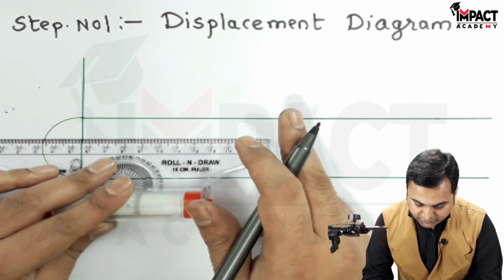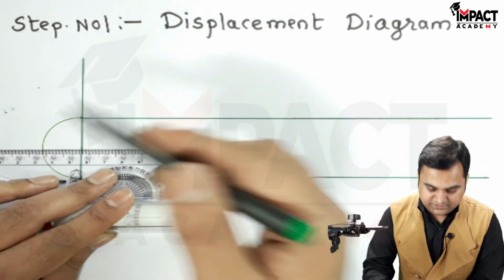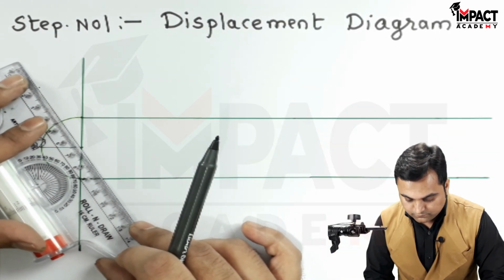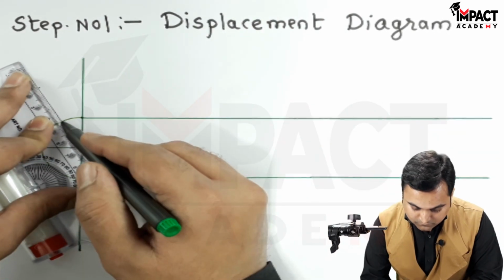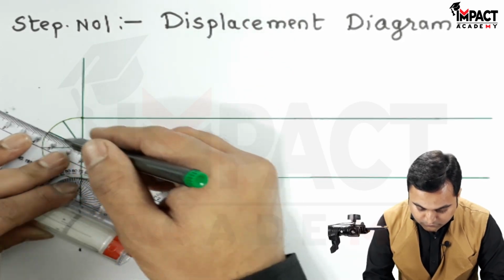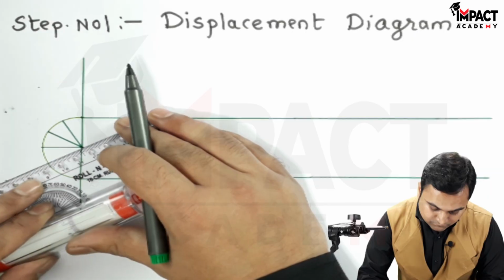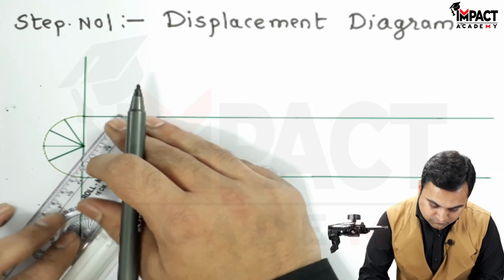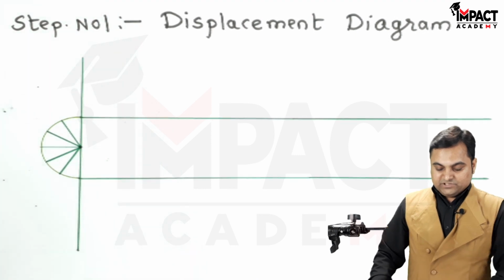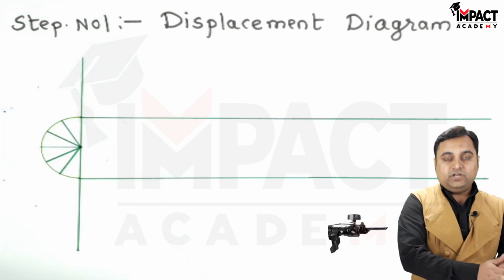Drawing light lines, whatever I am drawing in green indicates a light line. So I have divided the semicircle into 6 equal parts.